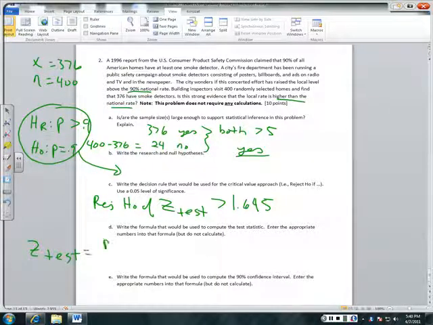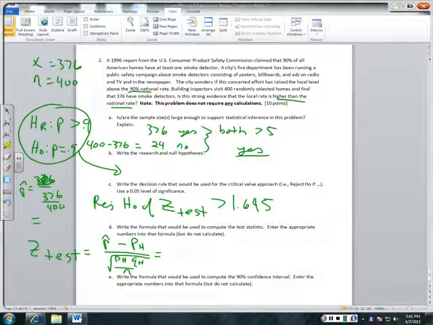But anyway, z-test is equal to the sample statistic p hat minus the hypothesized parameter over the standard error, remembering that this is the square root of p q over n. And so the sample statistic was p hat, that's 376 divided by 400, which is 0.94.